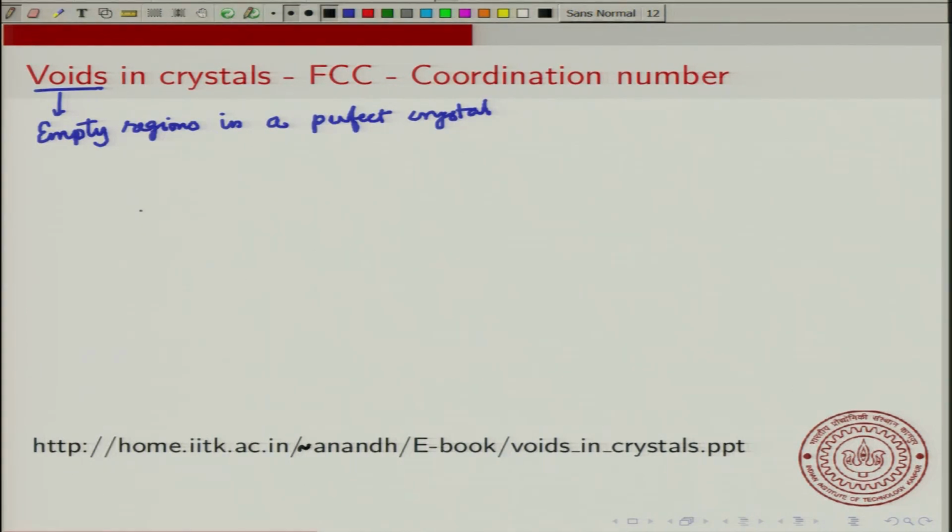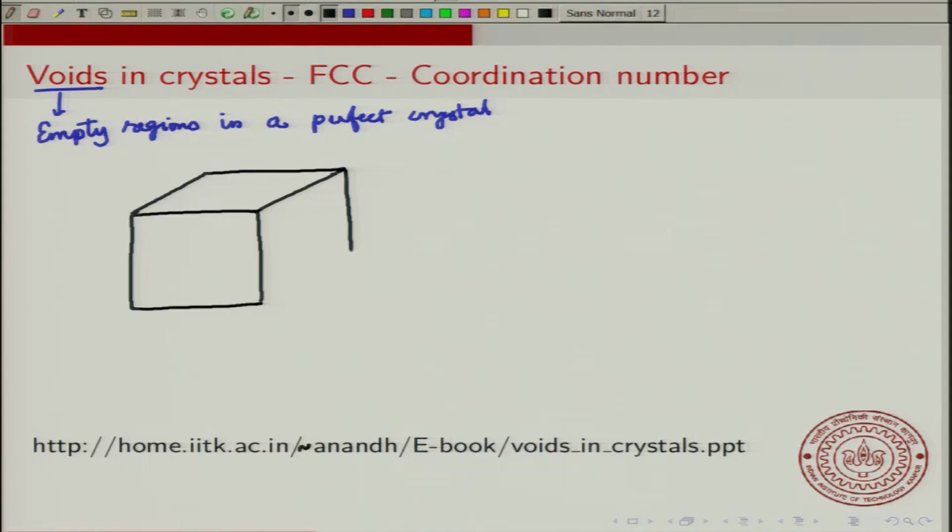Now you might have learnt in your undergraduate or perhaps even in high school that a perfect FCC crystal has some regions in it which we refer to as voids, and these are some very specific regions.